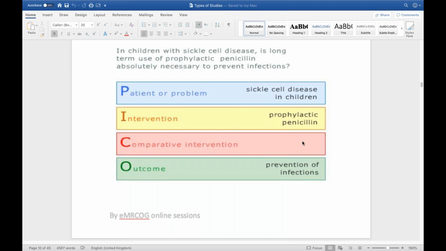Because the patient doesn't know, and you don't know which patient is taking the new fancy medication and which patient is taking just the sugar tablet. So just excluding here the performance bias and the observational bias.